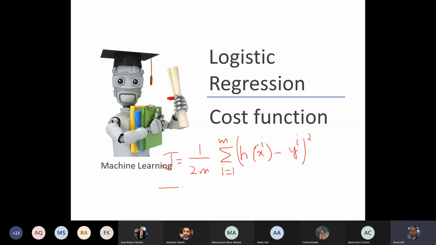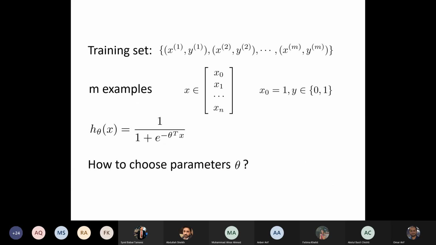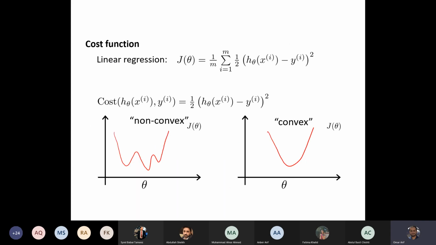So J was this squared loss function. But now we need to modify that as well. We changed the hypothesis function, so now we need to change the cost function and see how it should be.